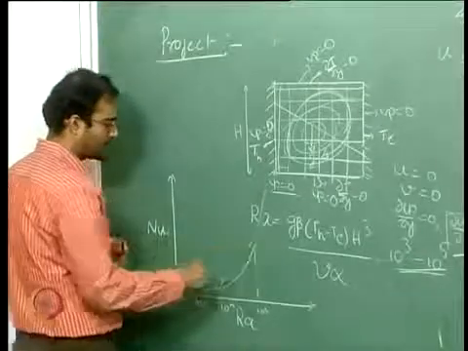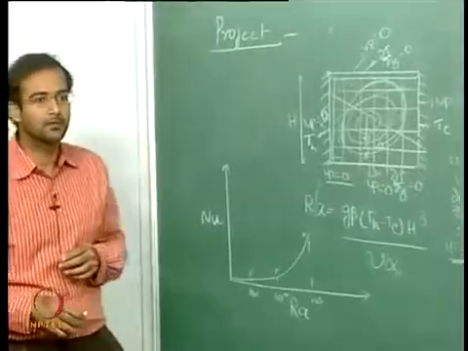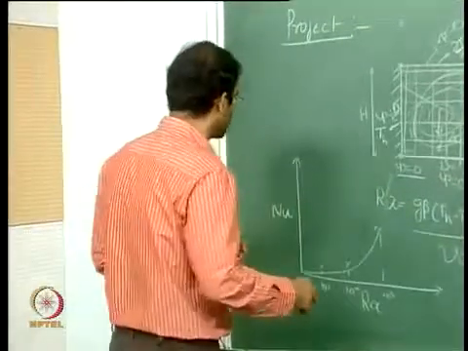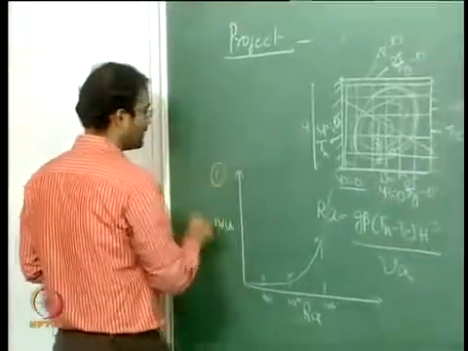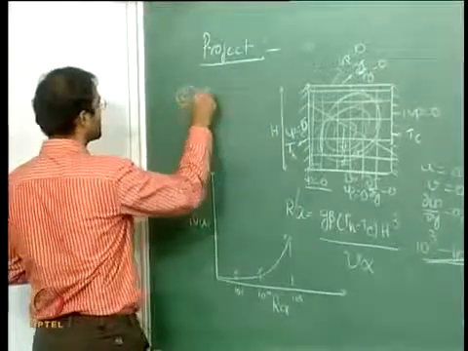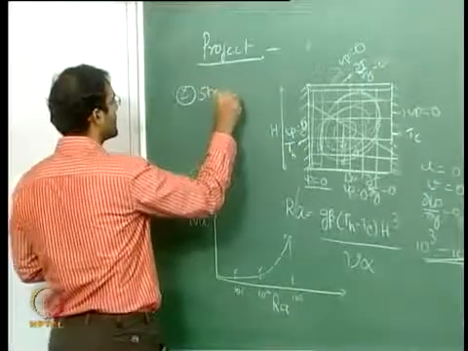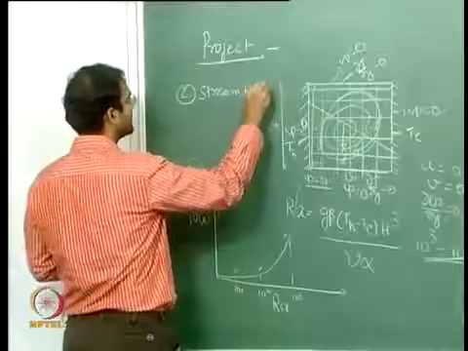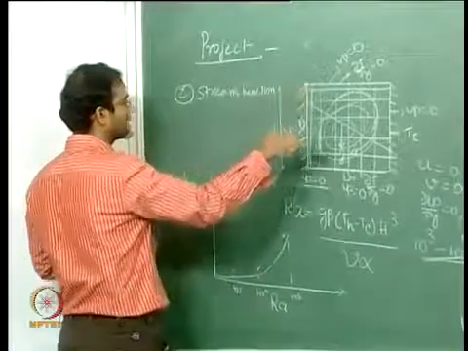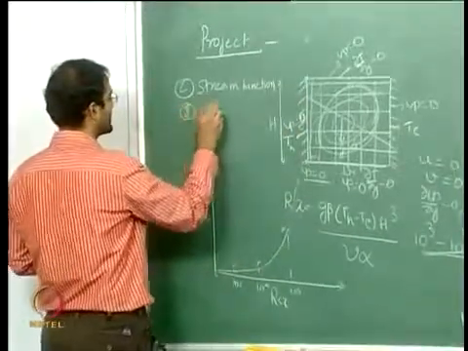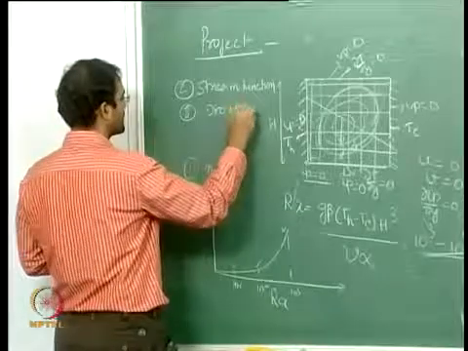You compare both of them on the same plot for Nusselt number. Apart from the Nusselt number, you also have your stream function which you have to plot and compare with his stream function, and you also have your isotherms which you can plot.